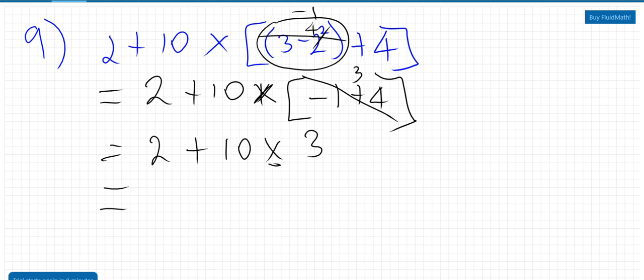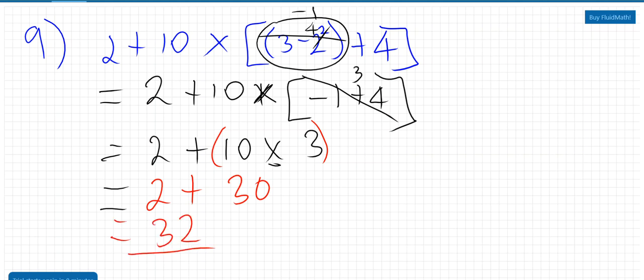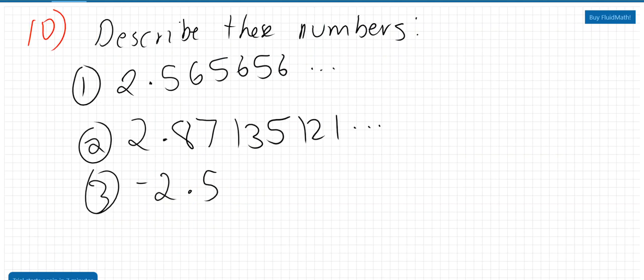So if it helps you to identify that, you put brackets around what you're doing first or next. So 10 times 3 comes first. So I've got 2 plus 10 times 3 is 30. And finally 2 plus 30 is 32. So hopefully that was correct. And just remember, inside brackets come first.